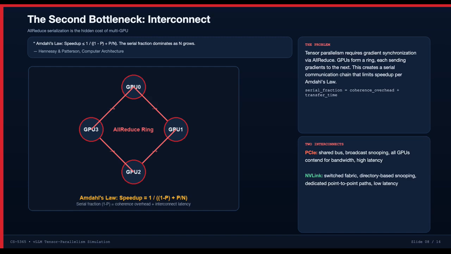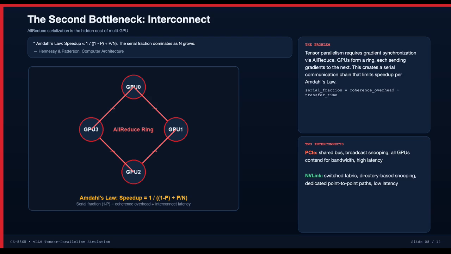And when you have GPUs set up in a ring where there's a direct connect between each GPU, you avoid the setup of a PCI Express bus where all of the traffic is limited to a single bus.